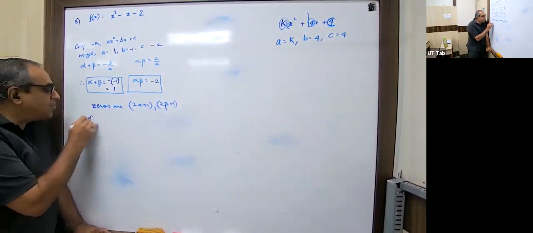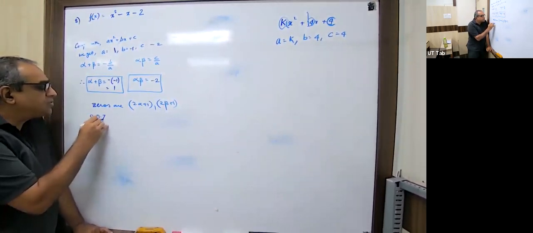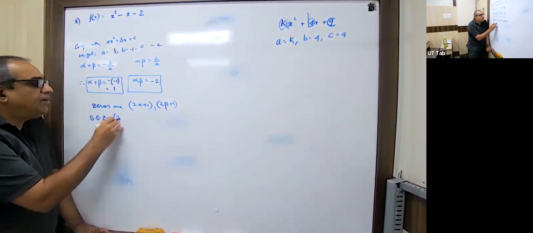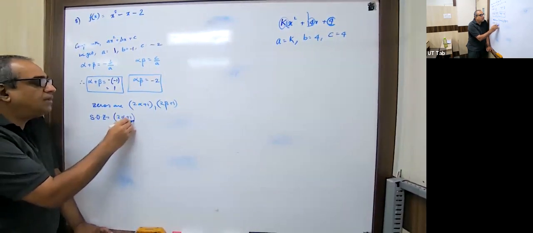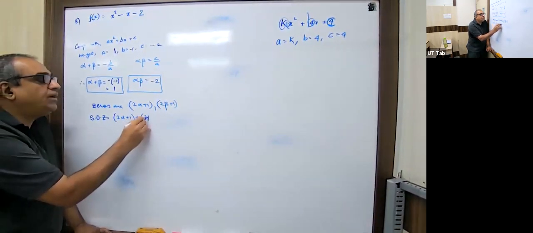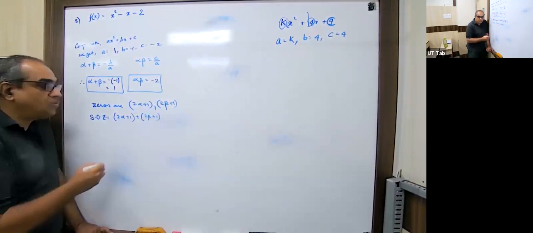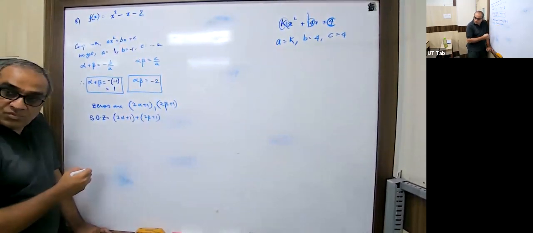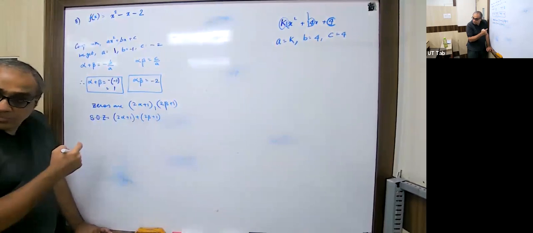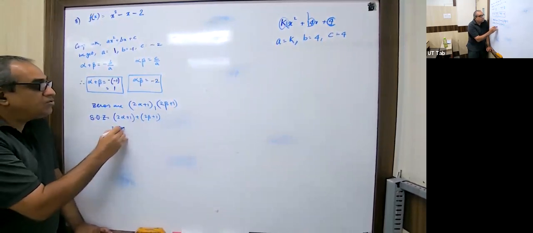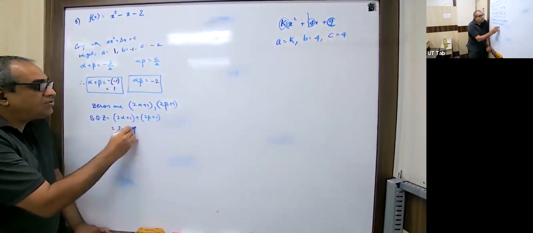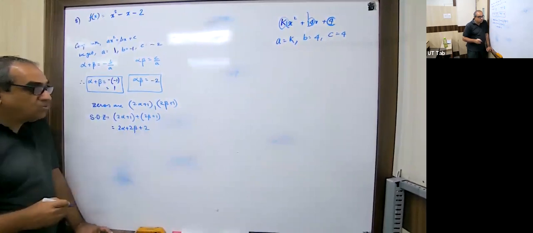So the sum of the zeros will be 2 alpha plus 1 plus 2 beta plus 1, yes or no? That is 2 alpha plus 2 beta plus 2.